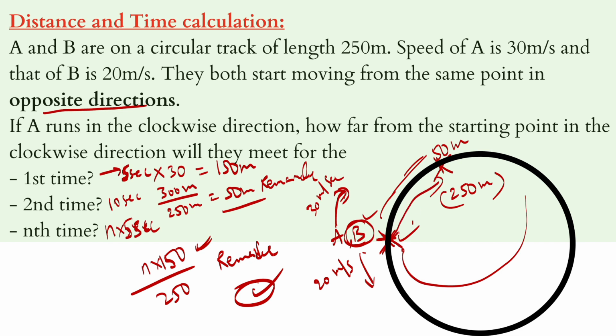From here to here, this is 50 meters. So this is one lap, and this is the final lap. In the final lap, B would have gone 50 meters. This is what it's all about. And for the nth time also, if we calculate this, the remainder we get tells us how far this guy is in completing the final lap. So this is how we calculate distance and time in the case of a circular track, right?